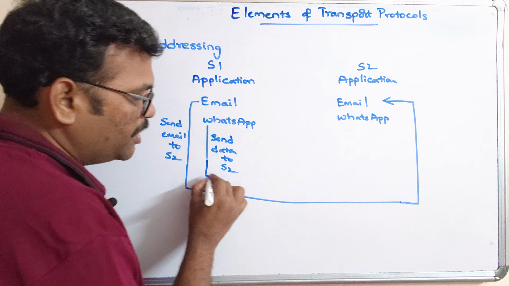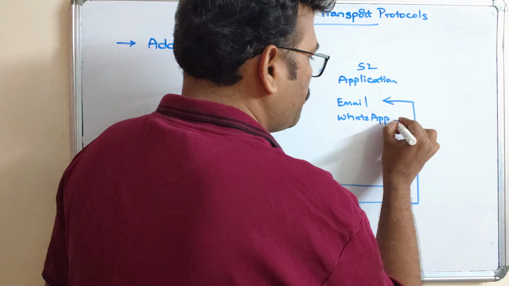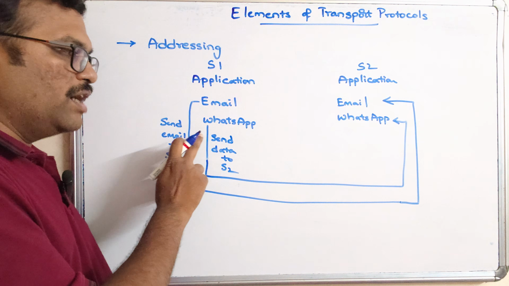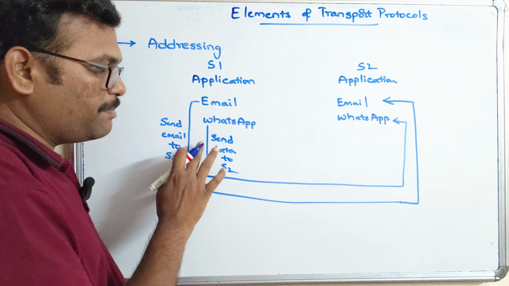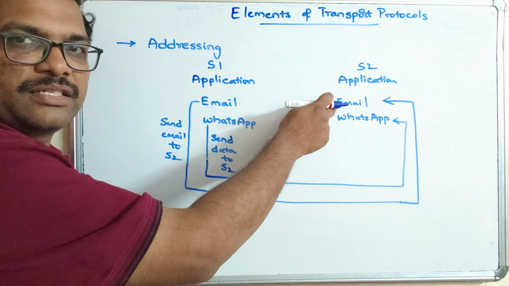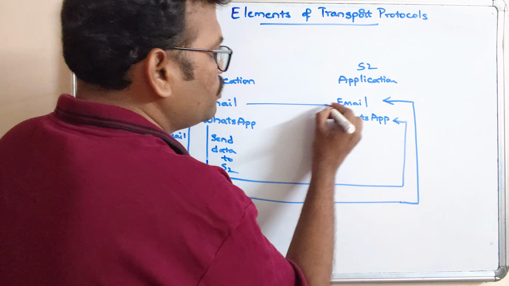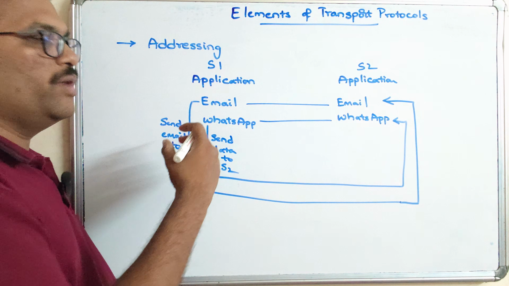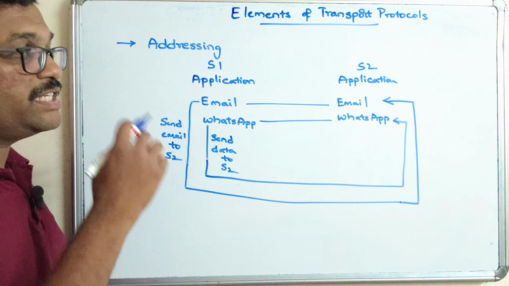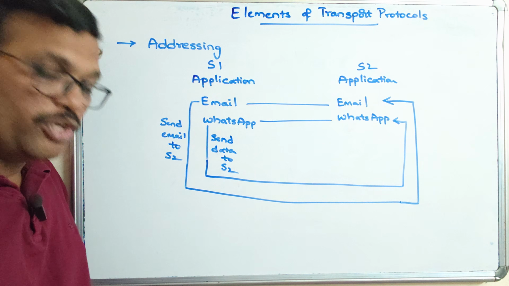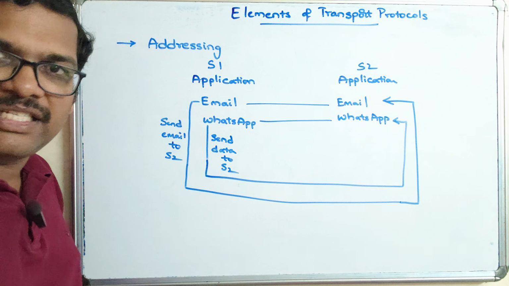Similarly, WhatsApp should be sent to WhatsApp on the other system, and should not go to the email of the other system. So it is application to application. Whatever application we use in system 1, the same application in system 2 should receive the data.